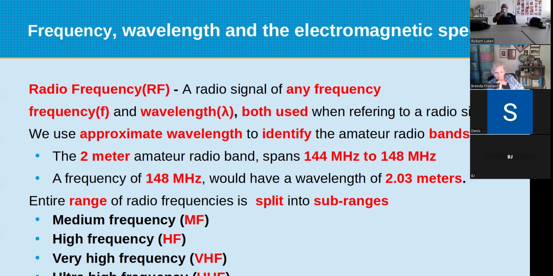That goes from 6 meters up through microwaves, essentially. The HF band is primarily for general and extra licensees. However, you can operate on a very small portion of the 10-meter band on single sideband.